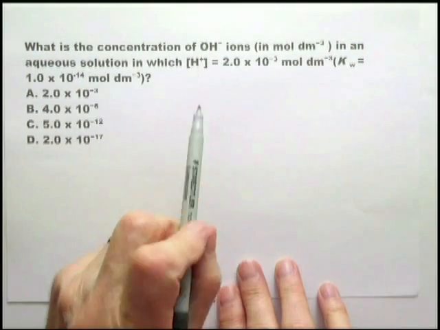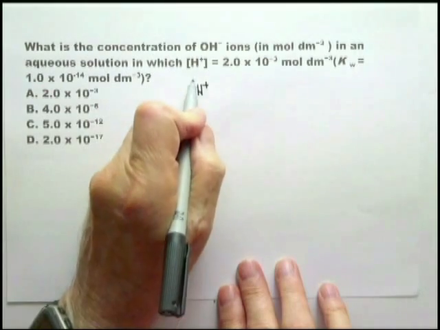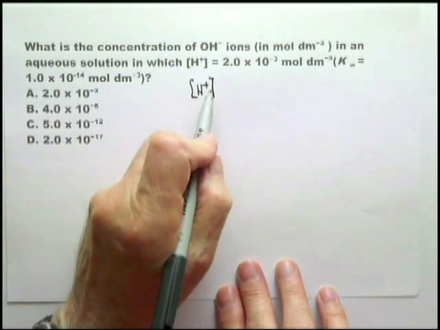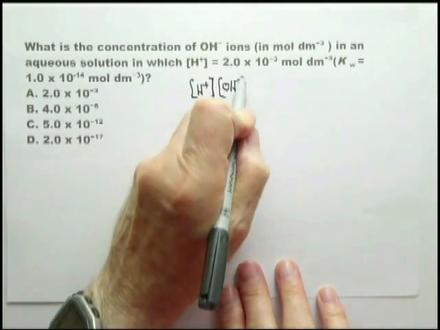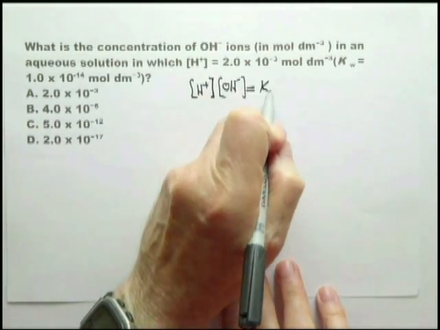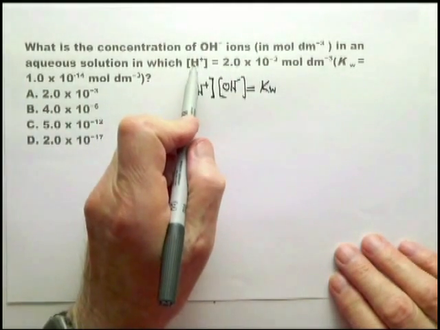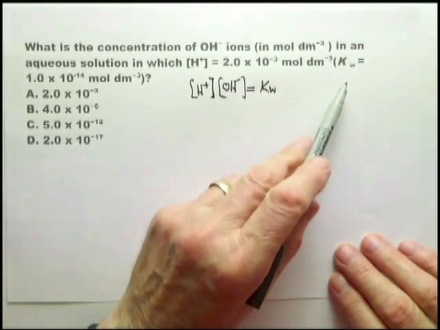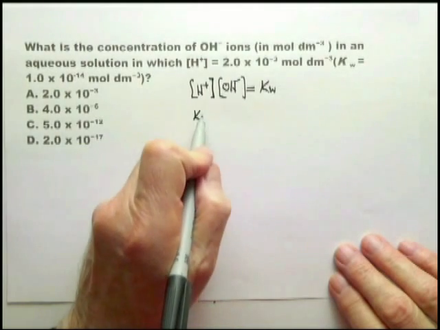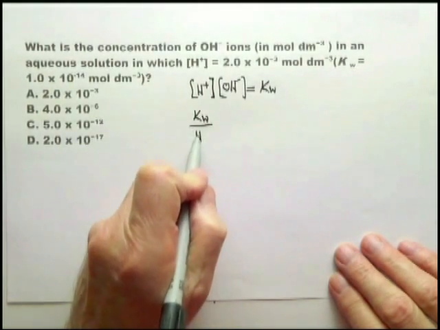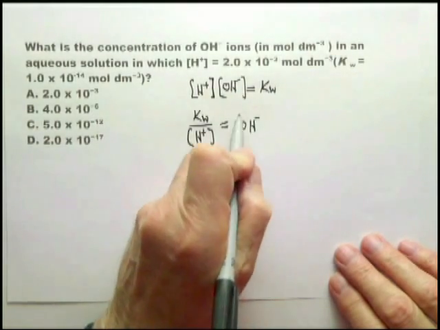The way I would do it is to put down the equation for Kw, and then you know the value of H plus, you know the value of Kw, the only unknown is the OH minus. So Kw over H plus equals OH minus.